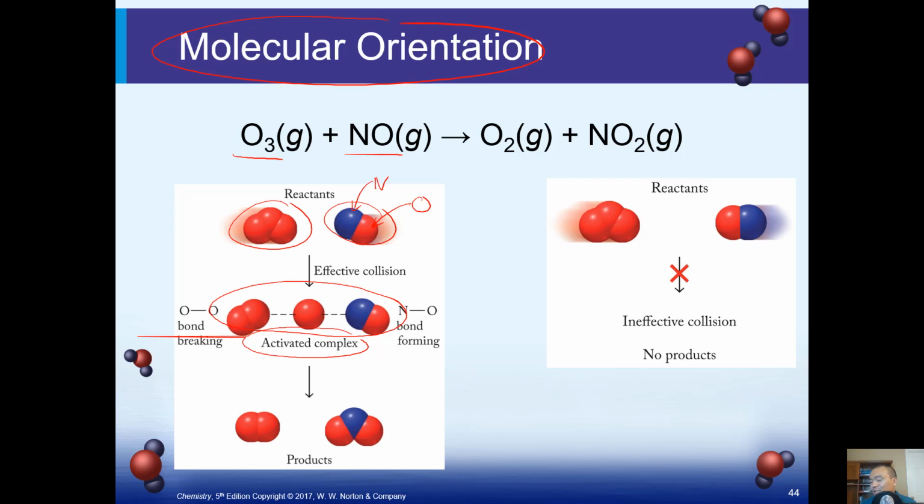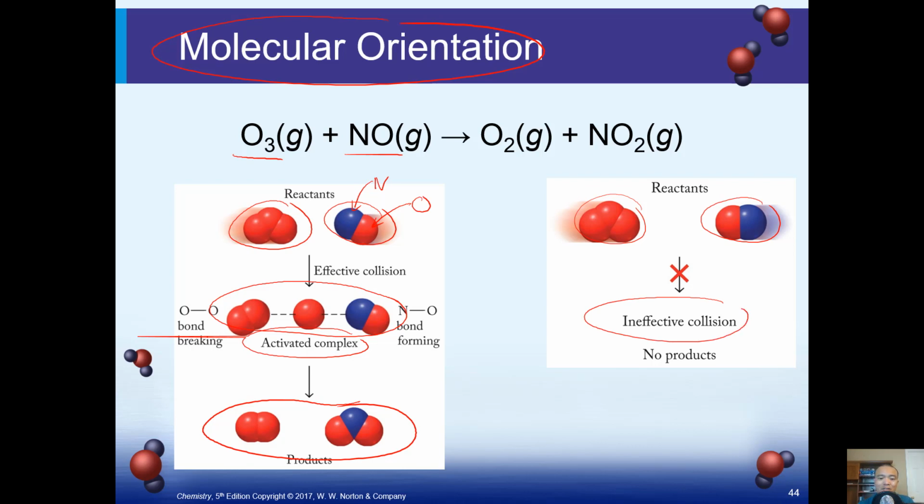Then you have bonds being formed and broken, forming the product as you see over here. However, if oxygen is pointed toward the ozone, the reaction will not happen. So with this collision, no matter how hard they collide with each other, no reaction will happen.